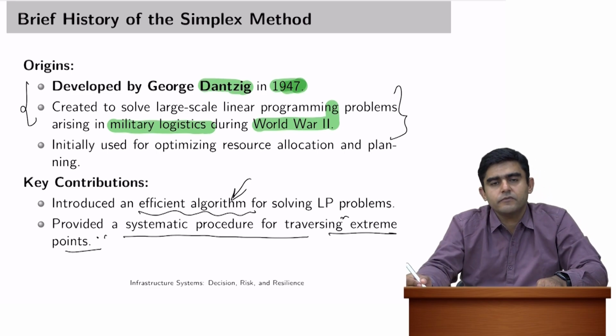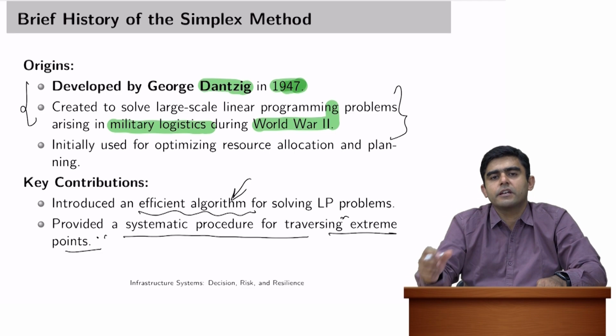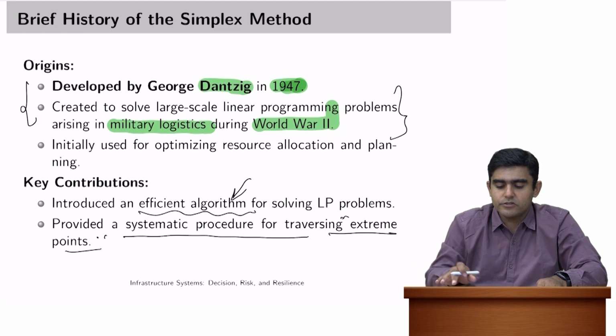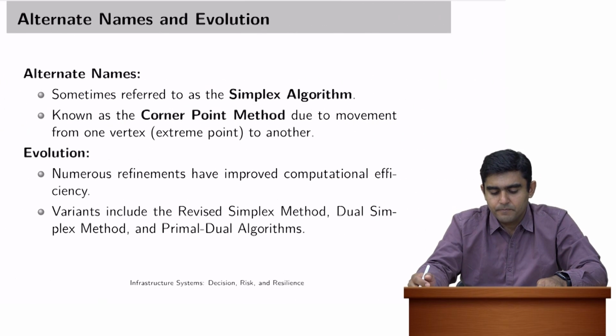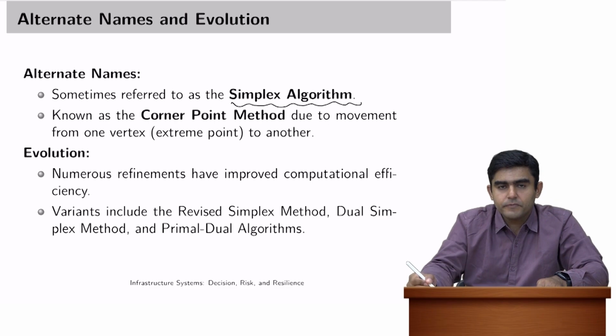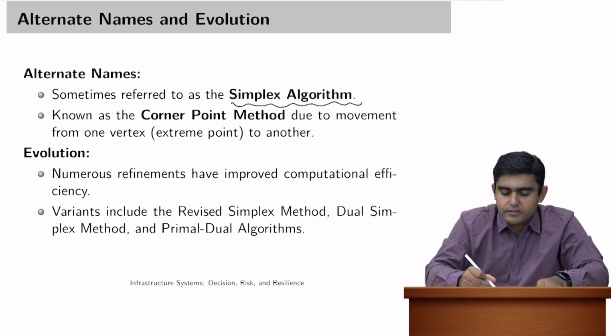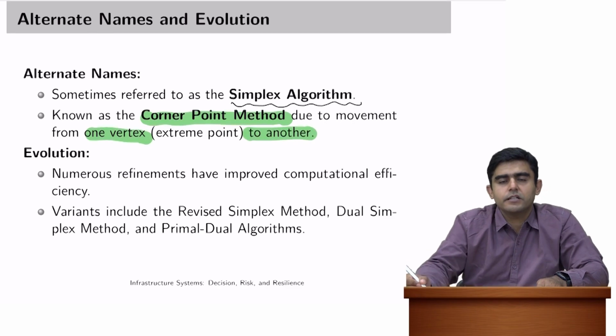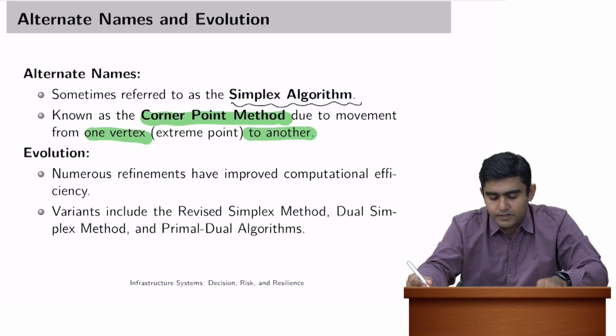In our previous lecture, we learned that whenever we have our constraints written as linear equations, we are essentially looking at the convex regions, and the solution or the most optimal solution would always be at the extreme points of the convex region that we will trace. So this method is also known by the name of simplex algorithm, and sometimes we also call it as a corner point method, as we will move from one vertex to another in search for our optimal answer.